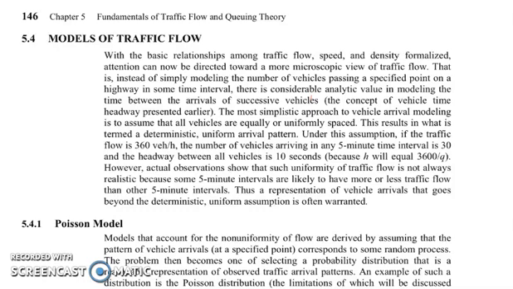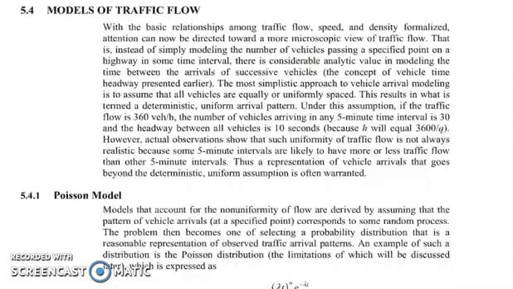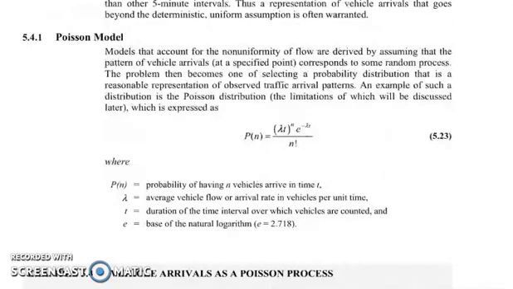However, actual observation showed that the uniformity of traffic flow is not always realistic, because some 5-minute intervals are likely to have more or less traffic flow than others. So this representation of vehicle arrival goes beyond the deterministic uniform assumption, which is often warranted. The Poisson model accounts for the non-uniformity of flow and is derived by assuming that the pattern of vehicle arrivals corresponds to some random process.